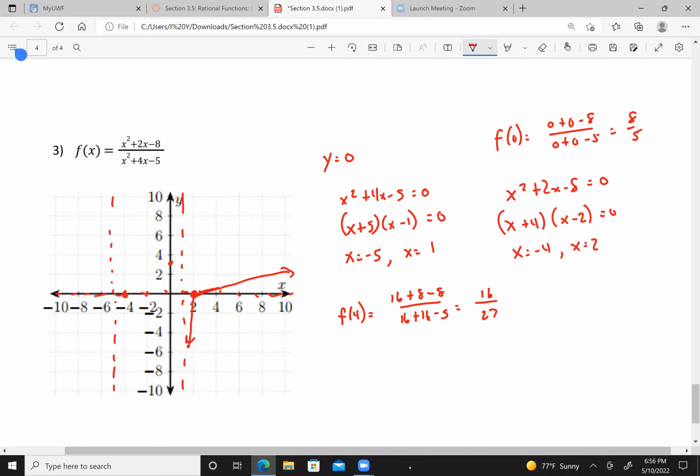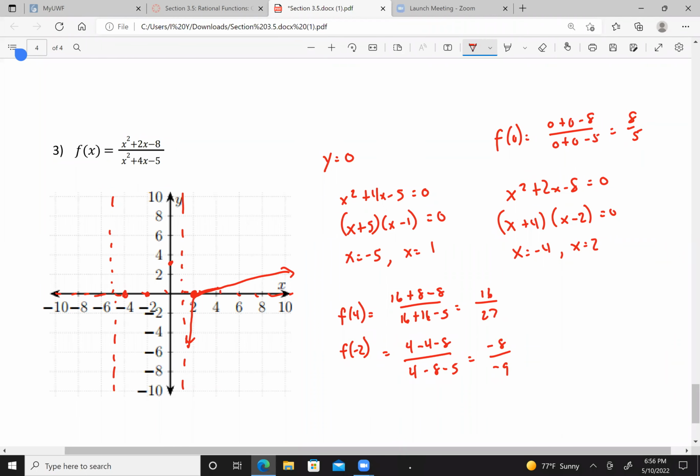Let's go ahead and look at -2 here. f of -2. Well, that's 4 minus 8 over 4 minus 8 minus 5. -8 over -9.